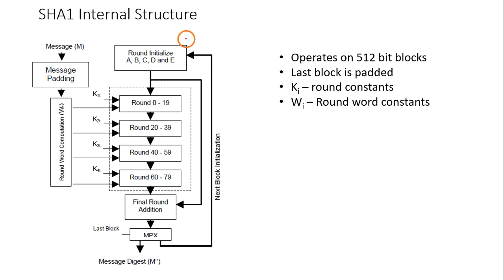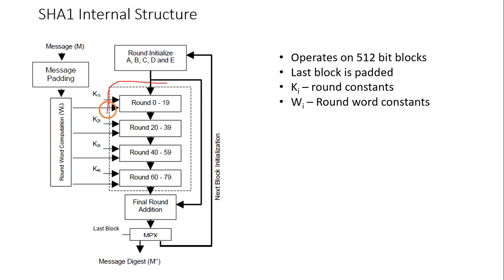Before all the rounds, initially there are five vectors: A, B, C, D, and E. The initial values of A, B, C, D, and E are fixed constant values. Later, when they go through these rounds, the values of A, B, C, D, and E change.